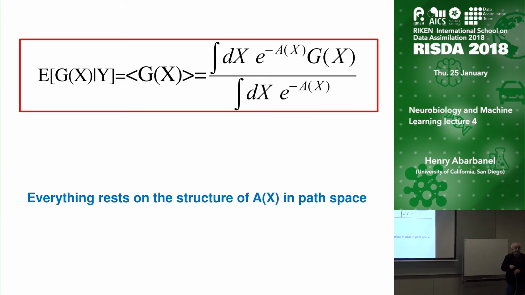So everything about that integral depends upon the structure of this action in this space of paths. All right? Suppose the action had a single beautiful minimum in this space of paths.